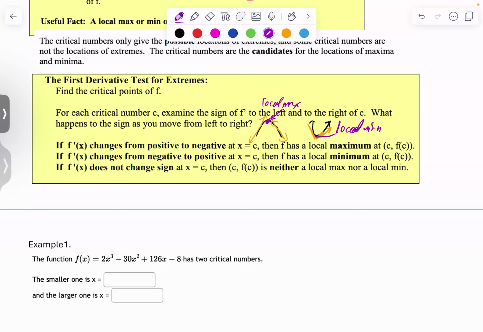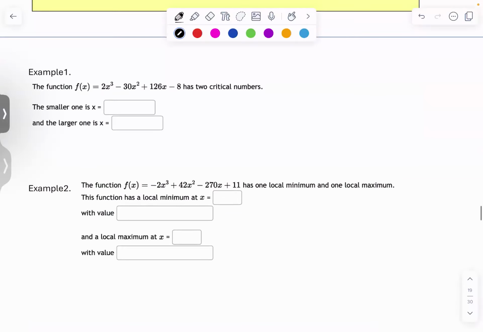And if the sign doesn't change, then it is neither a local max nor a local min. That's a sort of specialized case that doesn't happen very often. But we're going to want to be testing this, and we're going to do this with example 1.